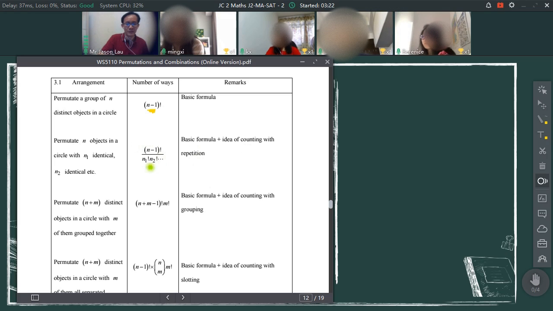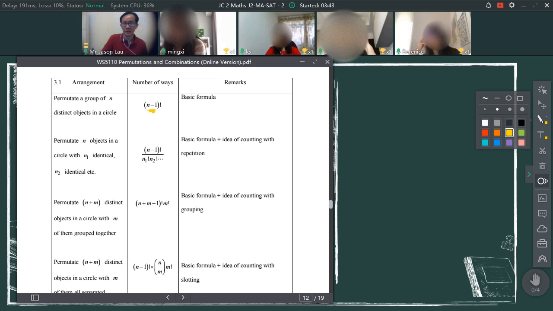So this is your formula. If you permutate grouping, where some objects are grouped together, you do a circular permutation followed by the internal permutation within the group. So internal, external.